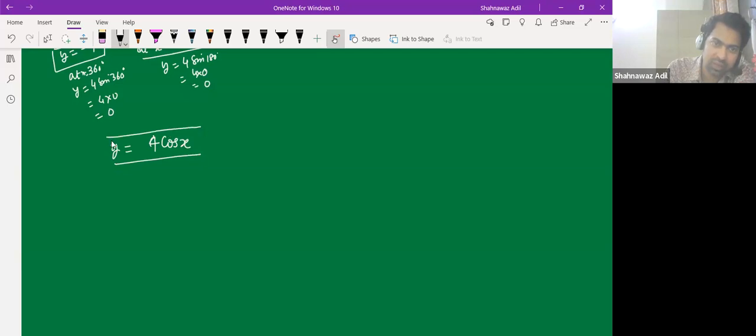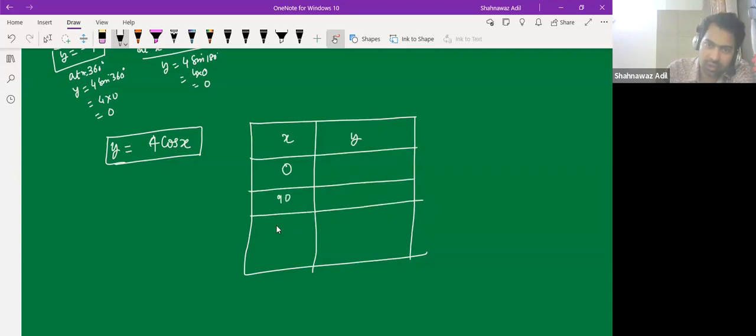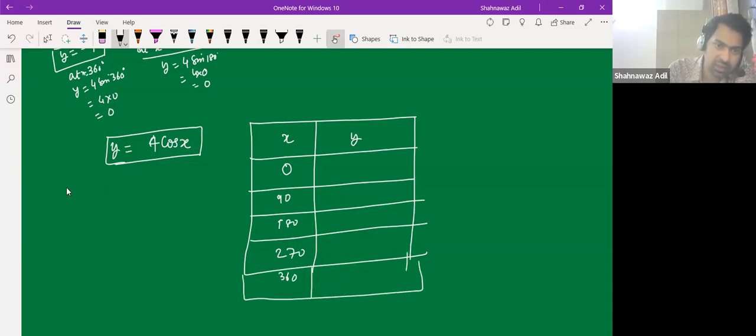So let us find out the different points: 0, 90, 180, 270, and 360. So at x equals 0, y is 4 cos 0.